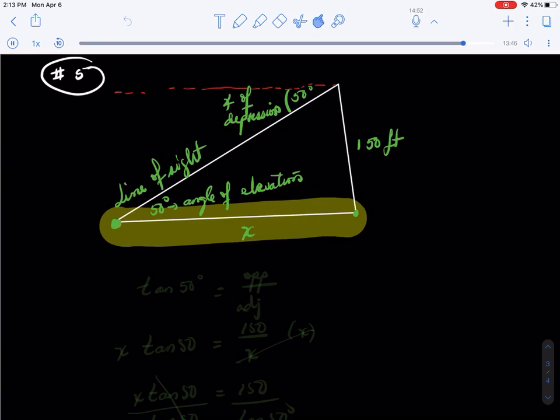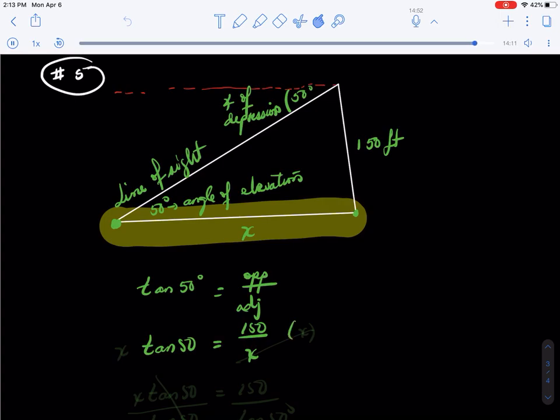So I'm looking at adjacent and opposite. It's going to be opposite over adjacent, so I'm looking at tangent. Tangent of 50 degrees should be 150 over x.